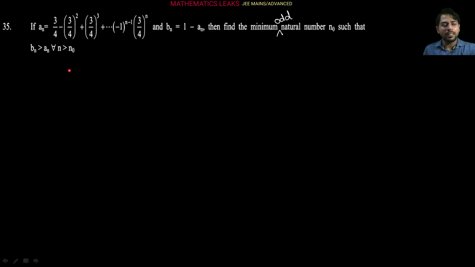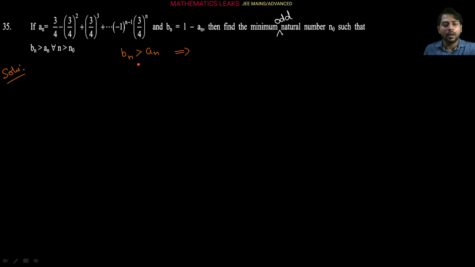So from here, let's solve it. We can see that bn is equal to 1 minus an, it is given here, right? And bn is greater than an. We are taking this data, so we can say bn is greater than an as it is given here, and bn can be written as 1 minus an.